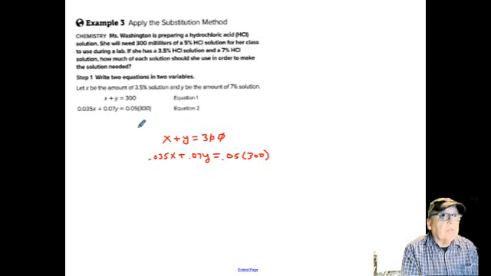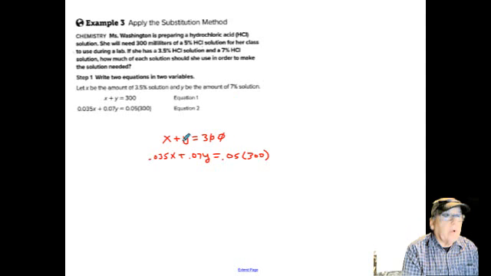Now they want us to solve this using substitution. I can take this first equation and get it in x equals form by subtracting y from both sides. Or I can get it in y equals form by subtracting x from both sides. So I think what I'll do is get it in y equals form by taking x away from both sides. So y is equal to negative x plus 300.